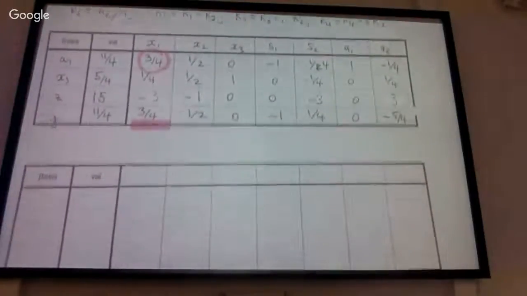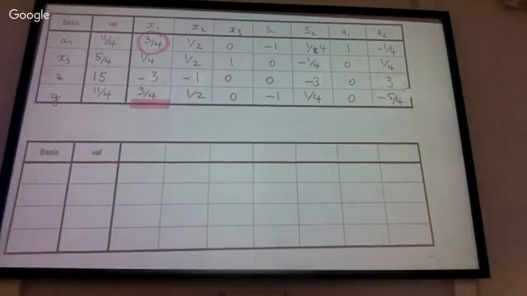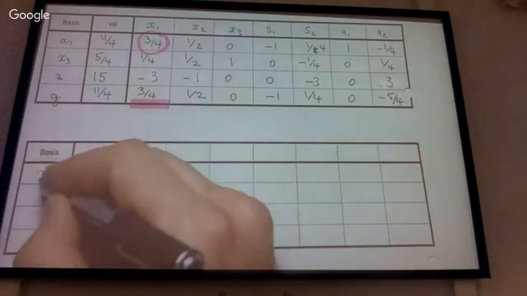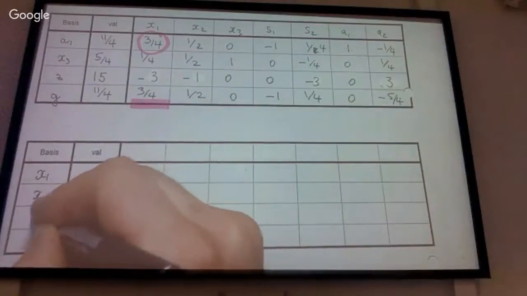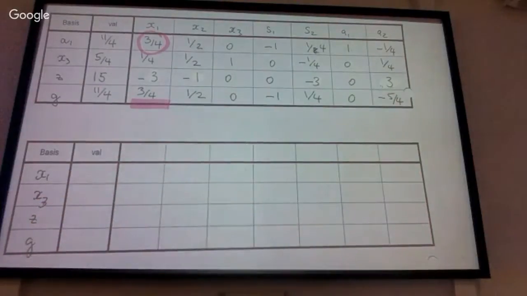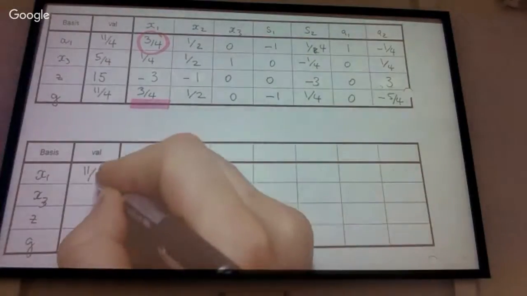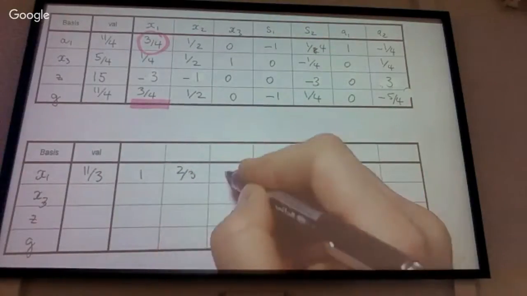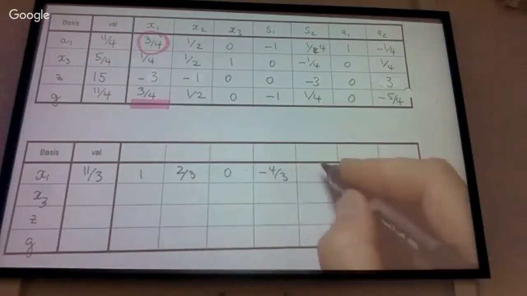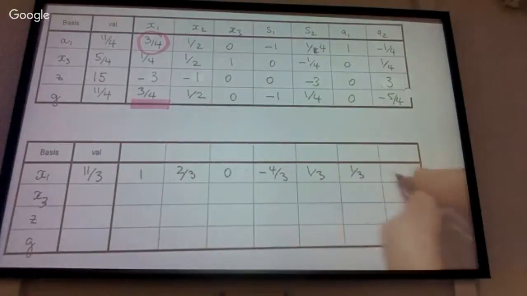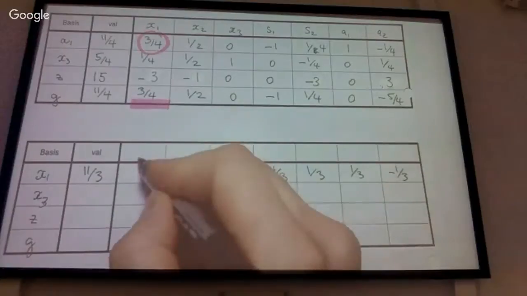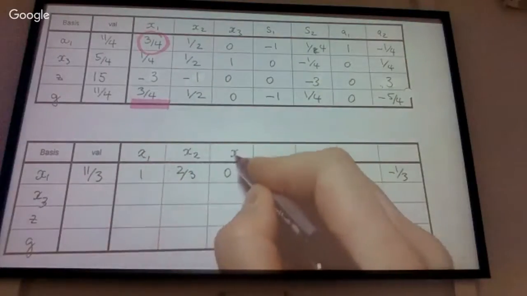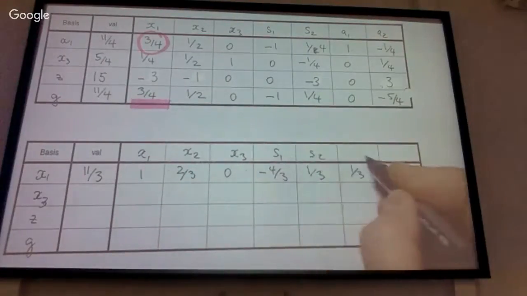Now I will spare you. Okay, so now this has become x1, x3, zg. The first row is divided by 3/4, so you should be getting 11/3, 1, 2/3, 0, -4/3, 1/3, 1/3, -1/3, and it's x1, x2, x3, s1, s2, a1, a2.